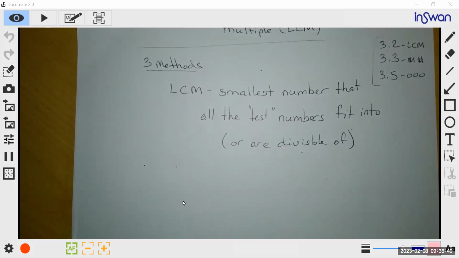The smallest number that all these numbers that we're looking at, that they'll fit into.